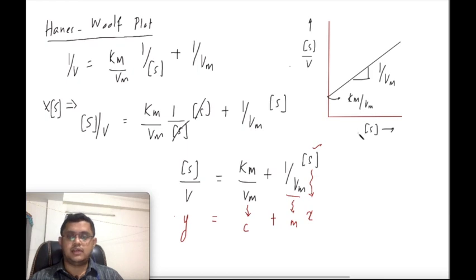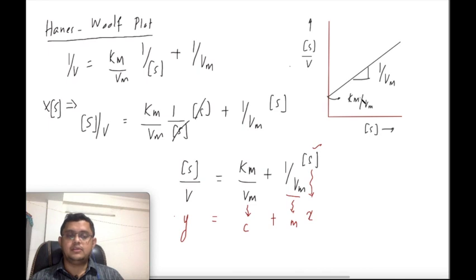If you look at this Hanes-Woolf and the Lineweaver-Burk plot, both are actually opposite to each other. In the Lineweaver-Burk plot, the y-intercept is 1 by Vm, whereas the slope is Km by Vm. Here, it is just opposite to that. So this is the Hanes-Woolf plot.